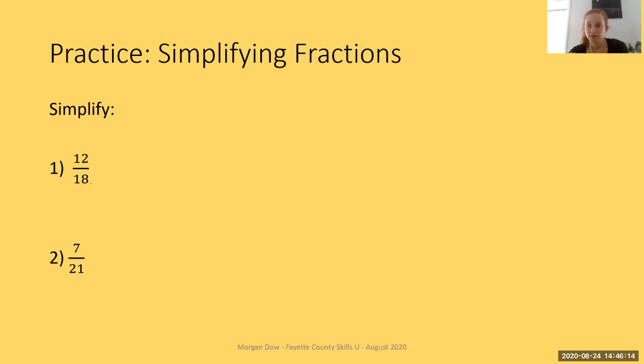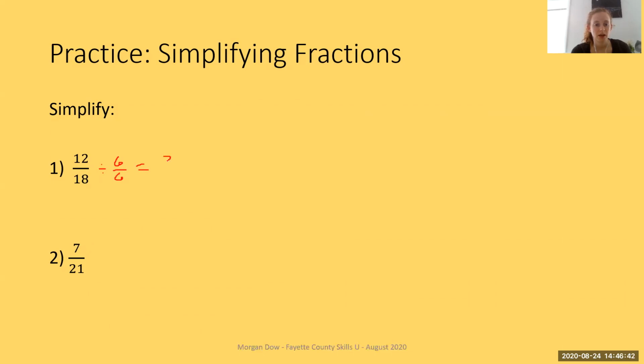What's the first thing we do? First thing we do is identify the GCF of 12 and 18. Well, lucky us, we already did that in our warm-up problem today. So the GCF is 6 for 12 and 18. So I'm going to divide top and the bottom by 6.